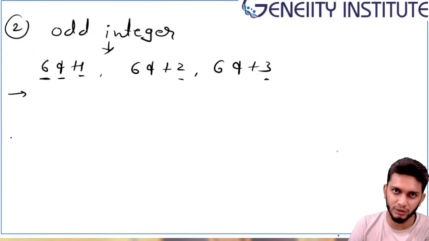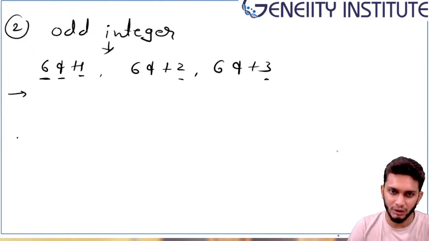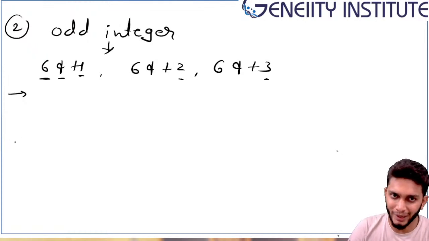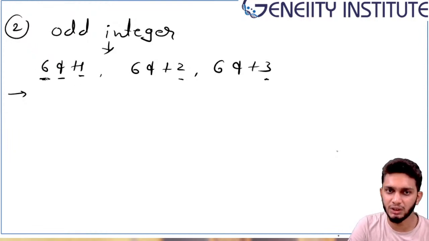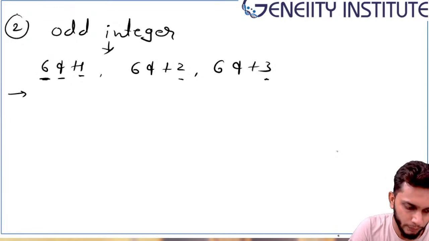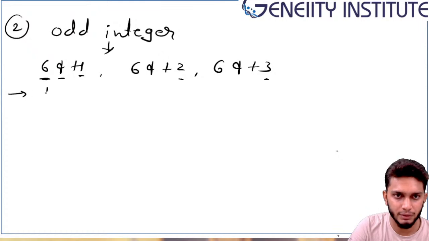So by Euclid's division algorithm, you must apply Euclid's division algorithm, and then you will get the 6q plus 1 form, 6q plus 2 form and 6q plus 3 form. Now write the answer. For Euclid's division algorithm, you know that you want a and b. a means any number and b means divisor, but the divisor here is 6. So let a be any positive integer.